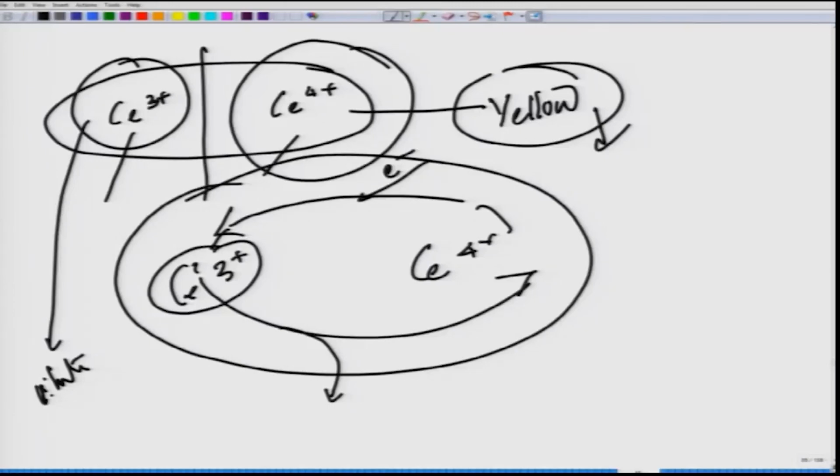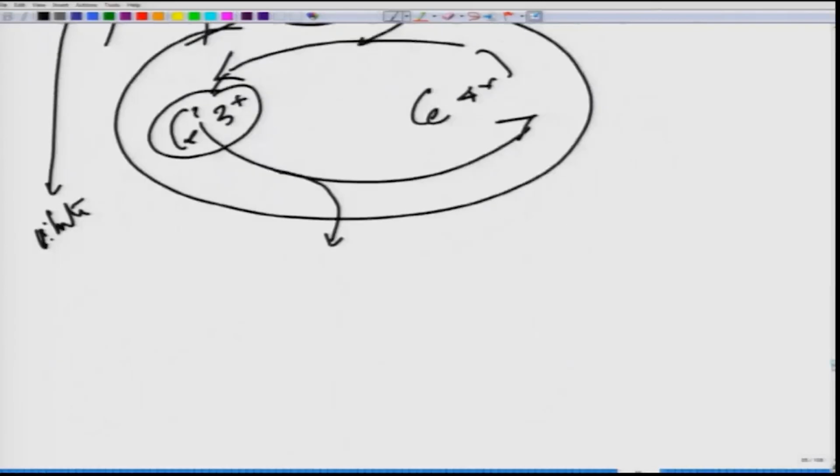So, Ce4+ plus electron making Ce3+, and there are different potentials which could be measured using it. Similarly, oxidation with potassium dichromate, and then you have another one where you have a lot of sensors which are using iodine, which is iodine aqueous.